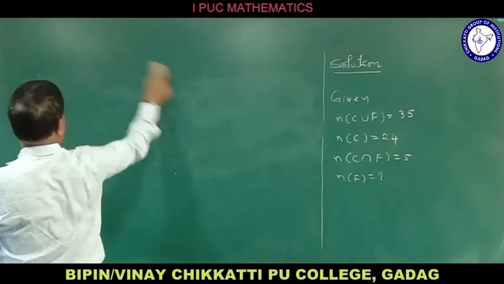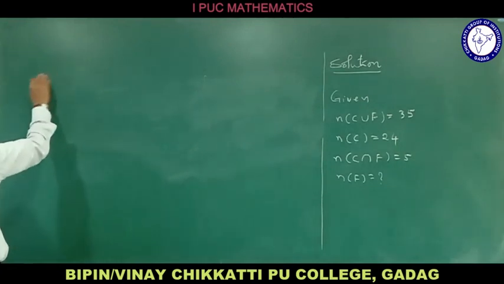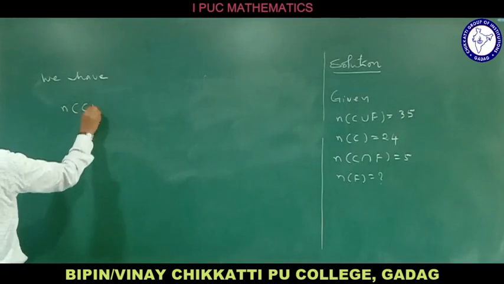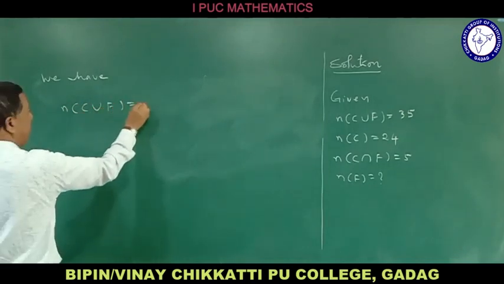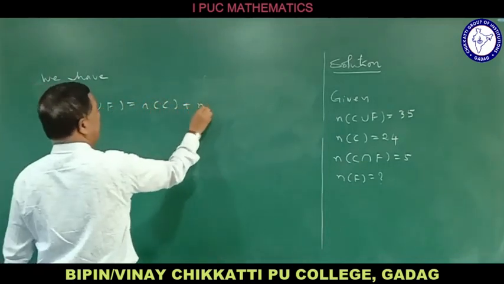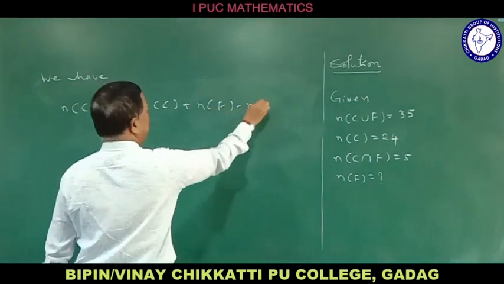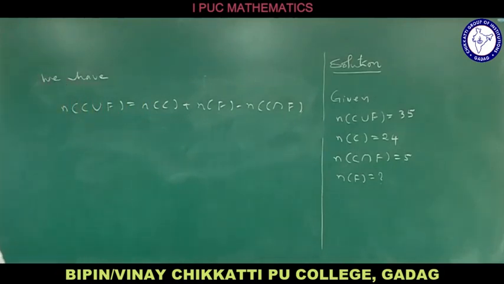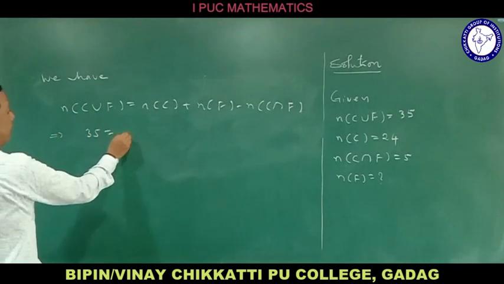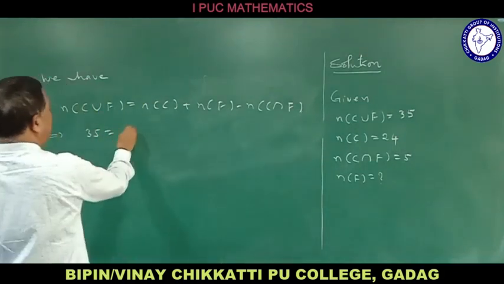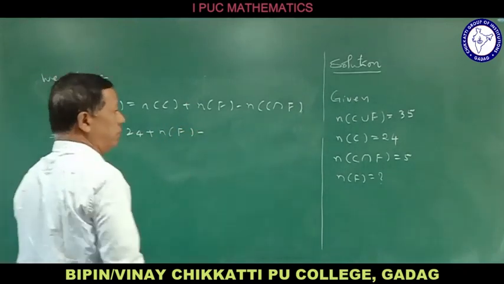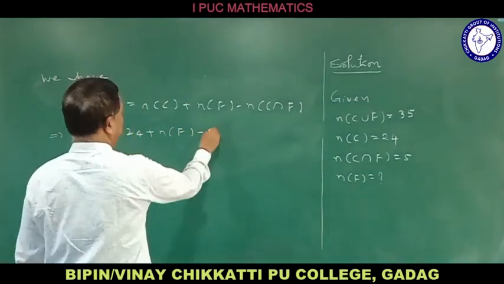We have the formula n of C union F is equal to n of C plus n of F minus n of C intersection F. You have to substitute: this is 35, n of C is 24, n of F is required, n of C intersection F is 5.